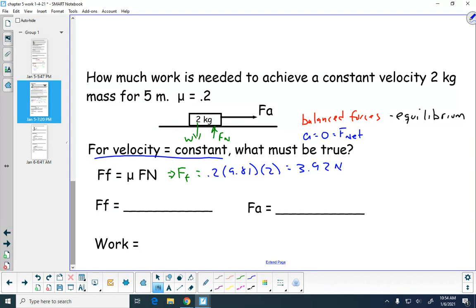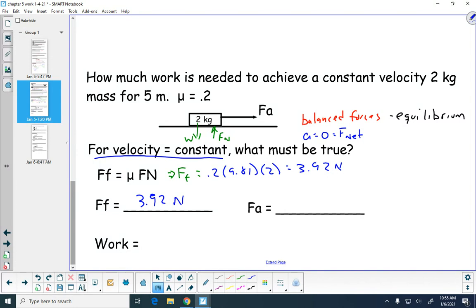3.92 newtons. And we are pulling this object. How much work needs to be achieved to assume a constant velocity for 5 meters? So let's take a look. Our force of friction is 3.92 newtons. That's our force of friction. If we're maintaining a constant velocity, our force net has to equal 0.